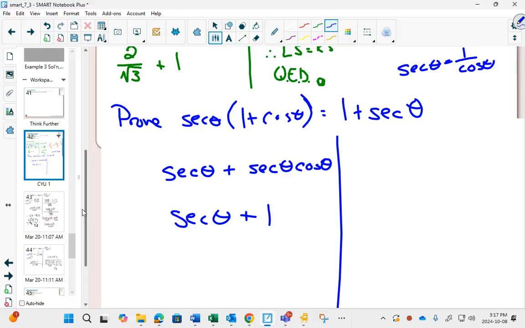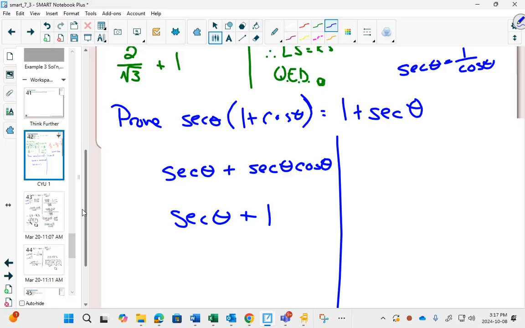So you were allowed to change secant theta cos theta to 1 because on one of the things that you're allowed to use, you can get from here to here with one mental math. I call it one mental math manipulation. You only have to do one mental math thing, you're able to do it.